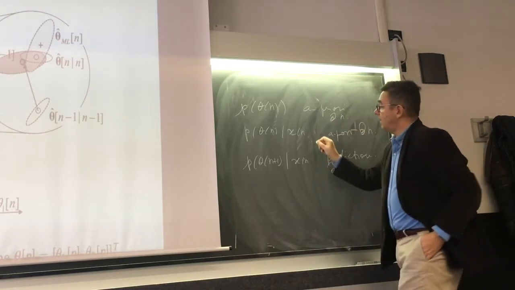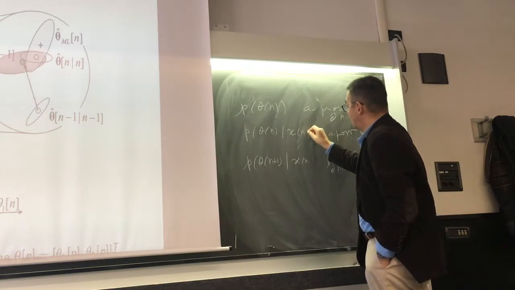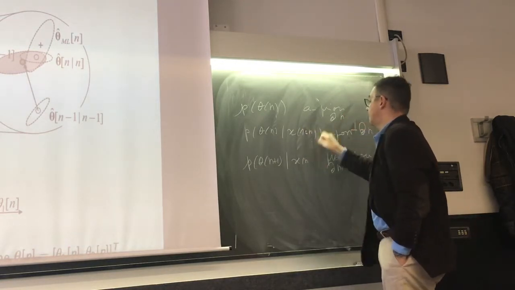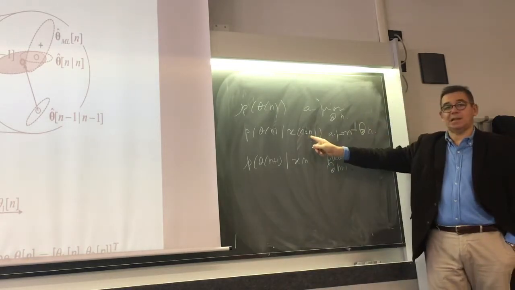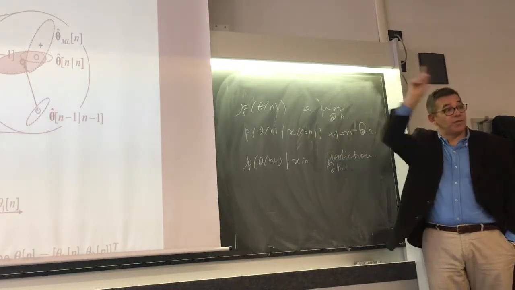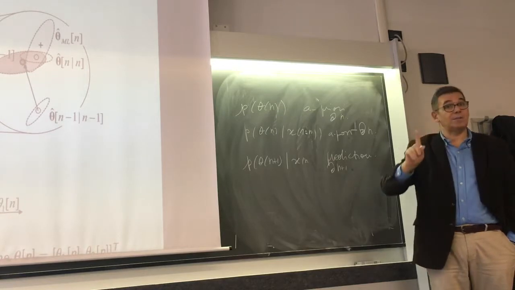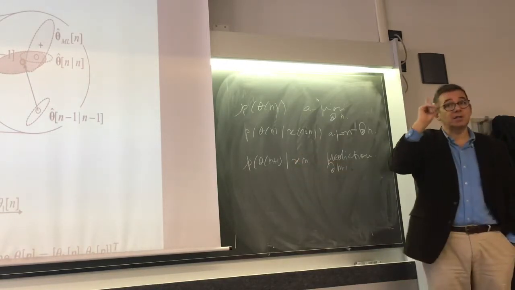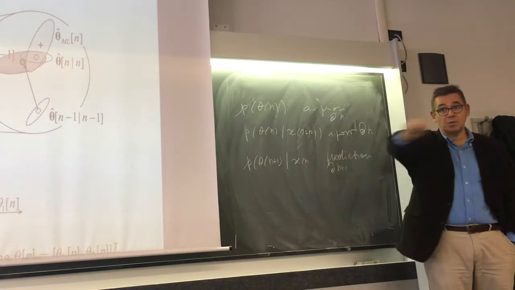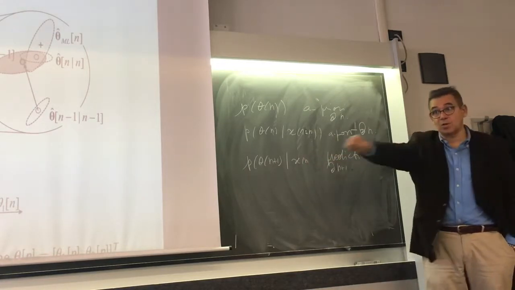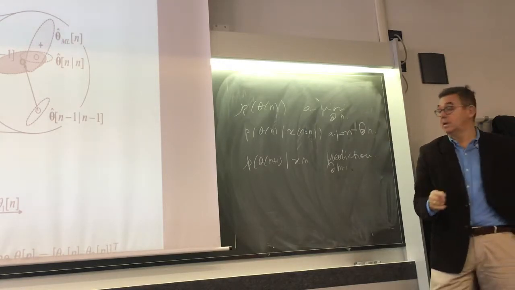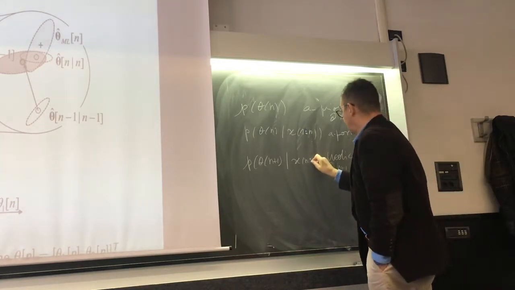So I go from 1 to n, because I'm collecting all the samples from the beginning to the time n. It's not that I'm opening the door and that's it. It's a sequence of experiments where I keep opening the door, and every time I open the door, I get one sample. Similarly to here.